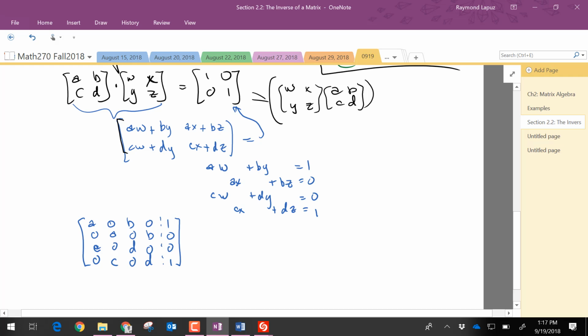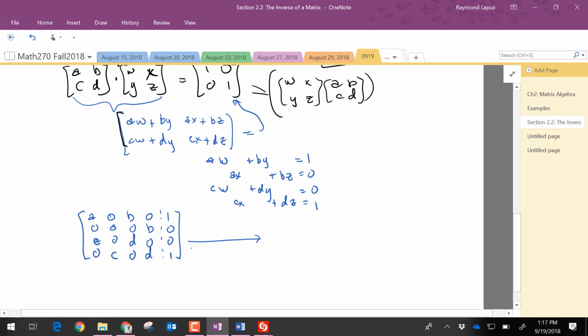Maybe we should have done it the other way. Should we divide by A first so that we have a 1?